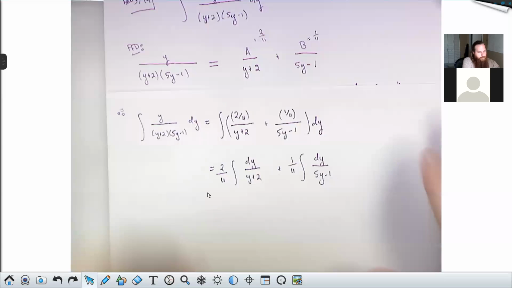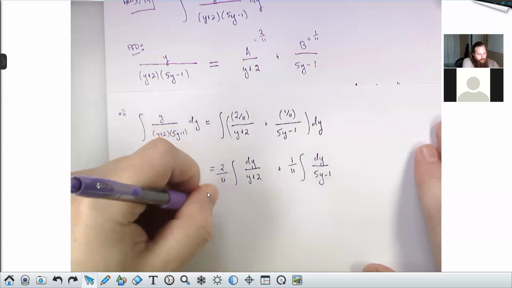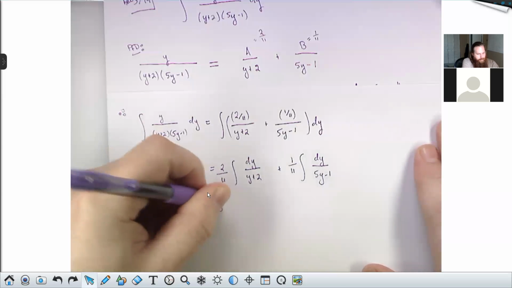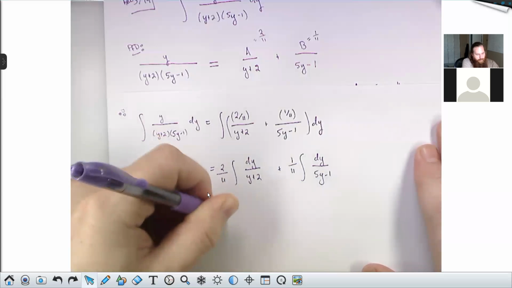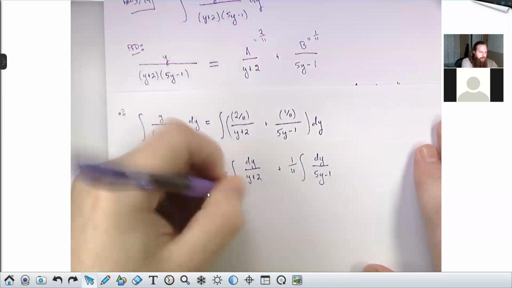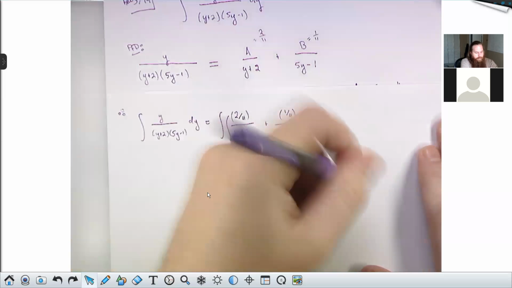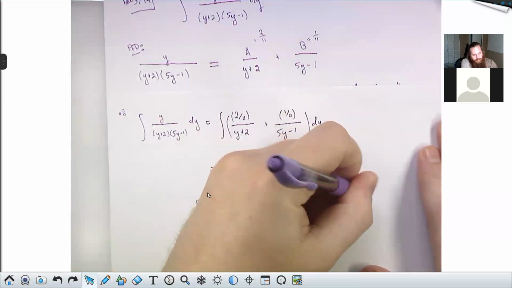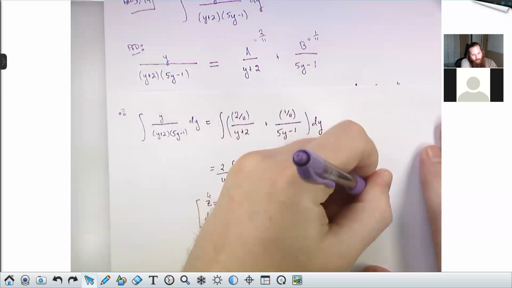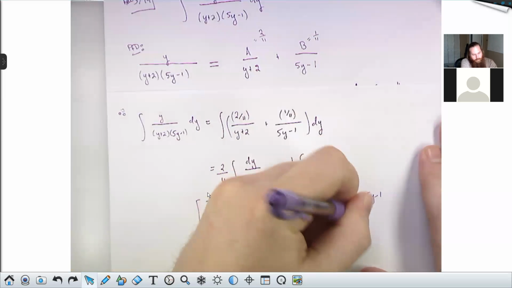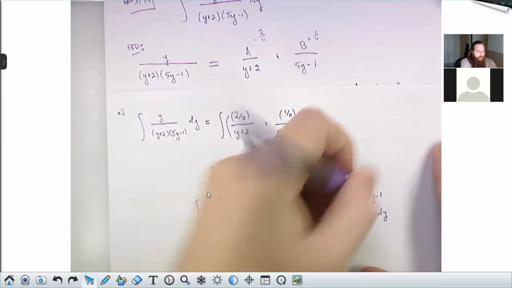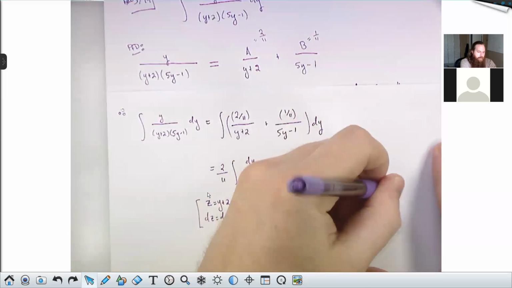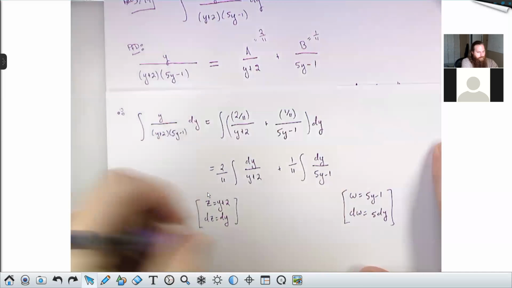In the first guy, we make the substitution z equals y plus 2, and dz there is equal to dy, so there's no funny business with the differential. In the second guy, I'll make the substitution w equals 5y minus 1, so dw is 5 dy, which means I'll get a factor of 1/5 out of that integral.